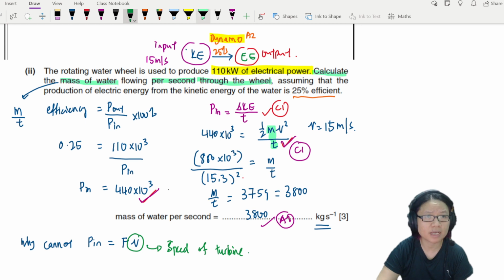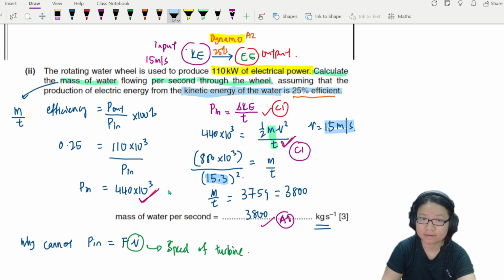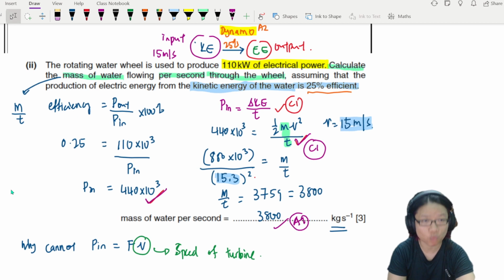Okay, 15 is related, this 15, okay, let me change highlight color. This 15 is related to the kinetic energy of the water. So I can use 15 meter per second or 15.3 meter per second because that is the kinetic energy of water.